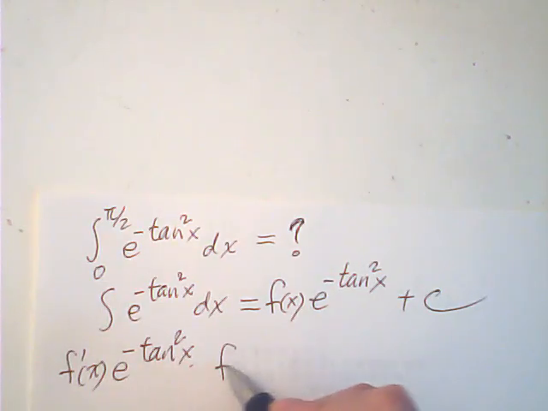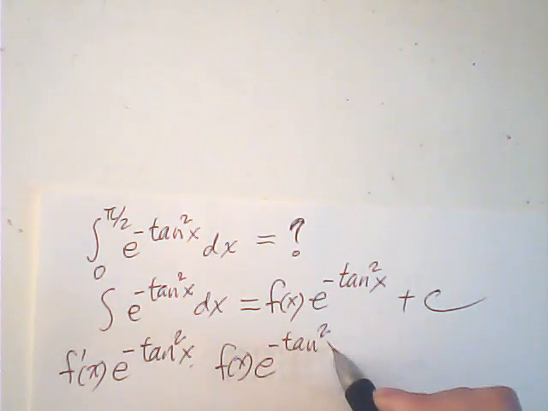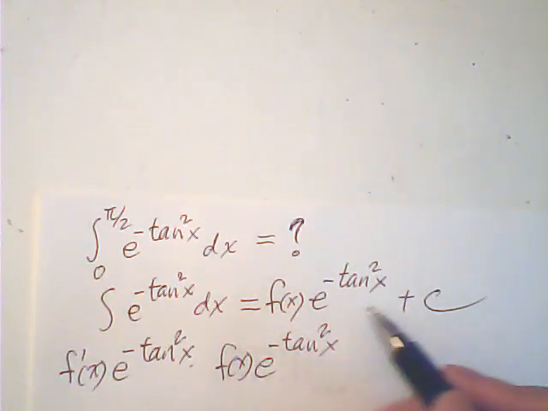So f of x times this one's derivative. This derivative is this times this derivative, which is called the chain rule, right?